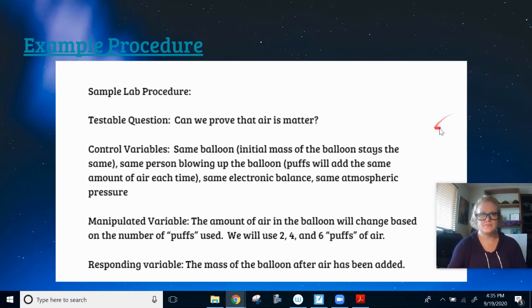Notice here, I started with my testable question, can we prove that air is matter? It's nice to break out the controlled, the manipulated, and responding variables outside of the written procedure. That makes it really clear for other people who want to repeat your investigation to know what you were controlling, what you were manipulating, and what was the responding variable.